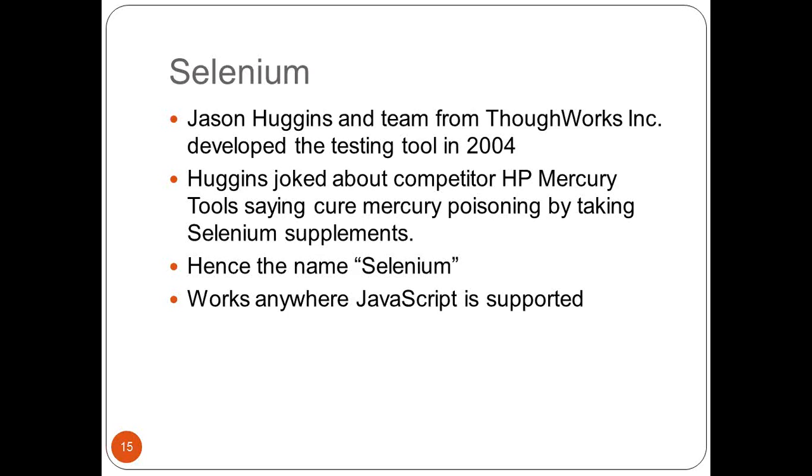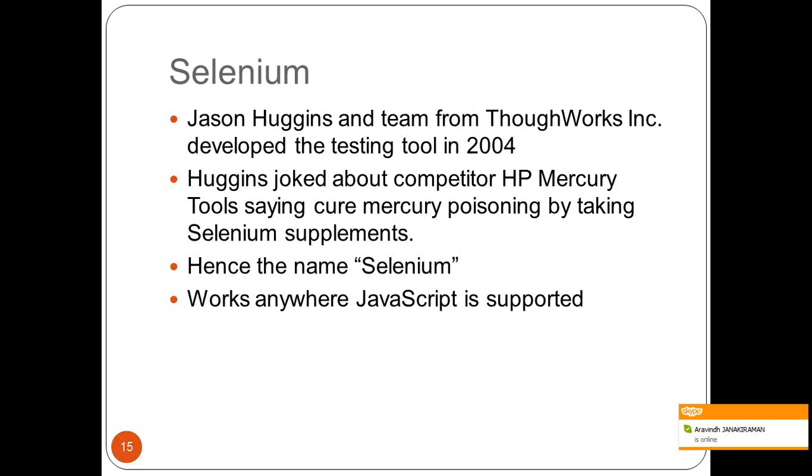In chemistry, mercury is one of the chemicals. To overcome the effect of mercury, just the opposite effect of mercury, a chemical component, selenium, they used. So the ThoughtWorks team decided to name their own tool Selenium, as against the Mercury tool, or to overcome the hidden things of the Mercury tool.